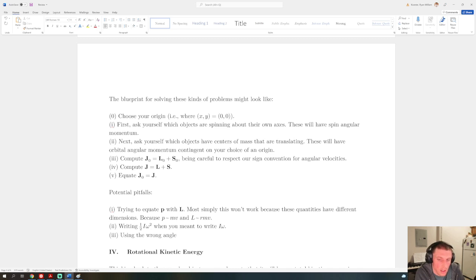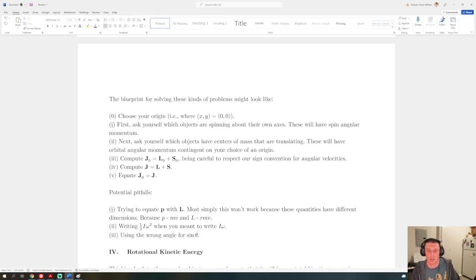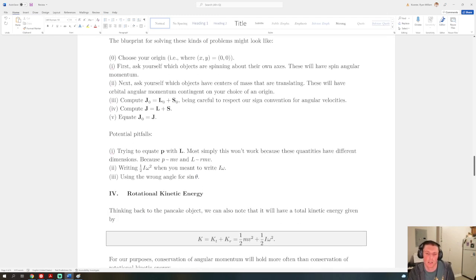So I'll say using the wrong angle for sine theta. The way that you avoid doing this is you make a very careful sketch, okay? I think that's all I have for the potential pitfalls for angular momentum. If anything comes up as we move through this, I'm willing to come back to this list and update it. But that's all I've got.